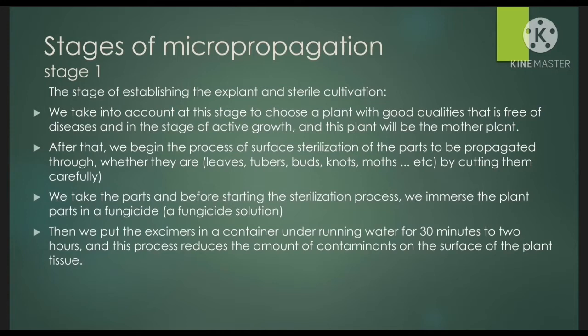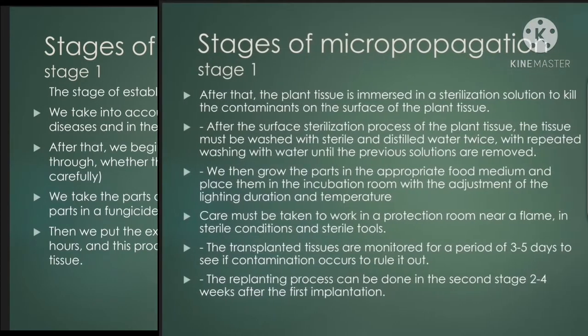After that, we begin the process of surface sterilization of the parts to be propagated, whether they are leaves or tubers. The process reduces the amount of contaminants on the surface of plant tissue.